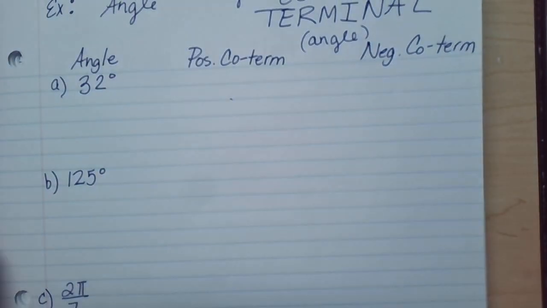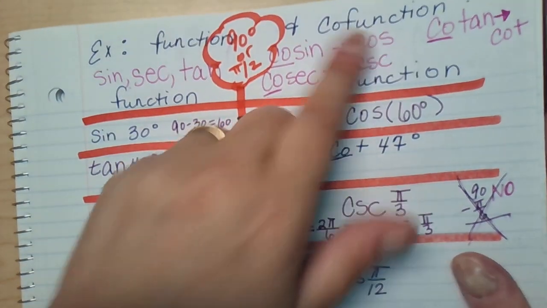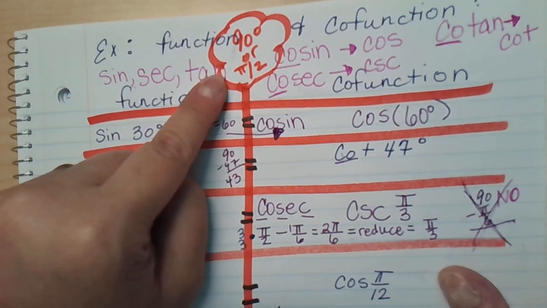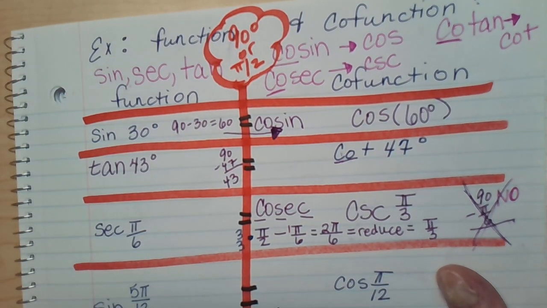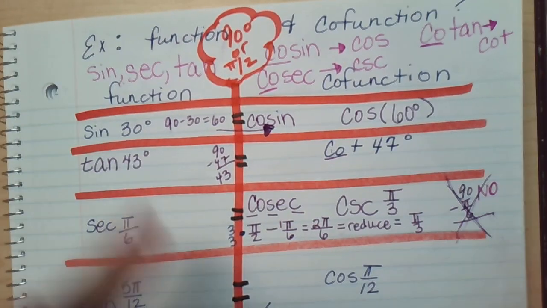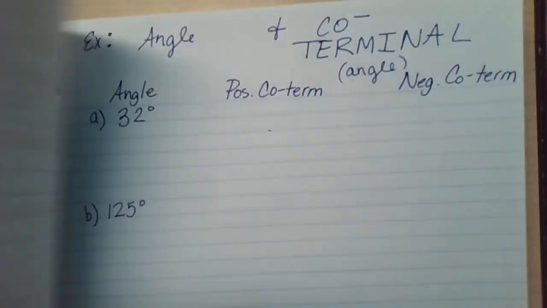Now let's talk about coterminal. When we were talking about cofunctions, remember the word function is the sine, secant, tangent. So cofunctions have co with these three-letter words. Cofunctions deal with the sine, cosine, tangent, secant, cosecant.